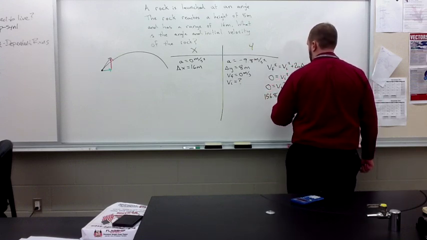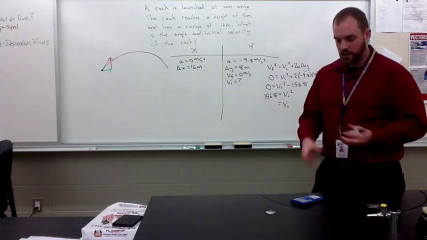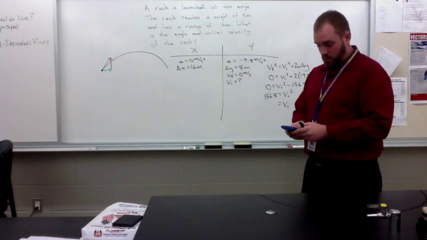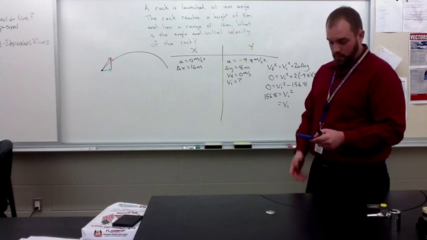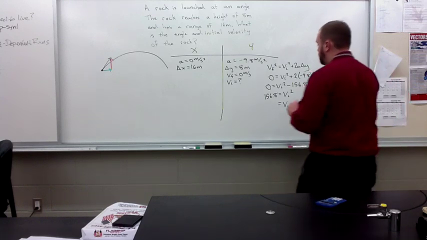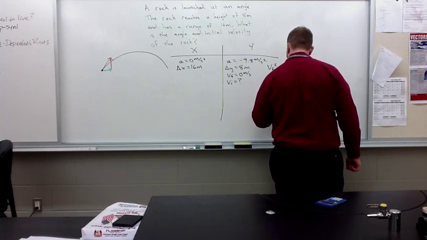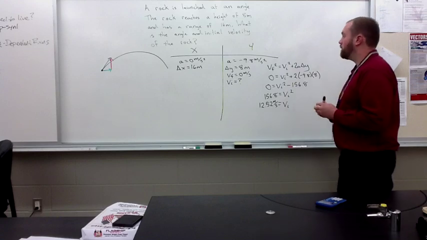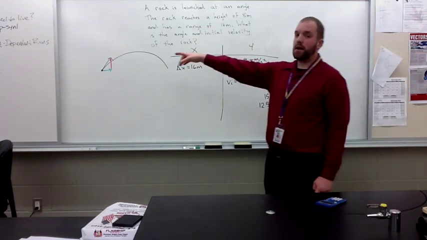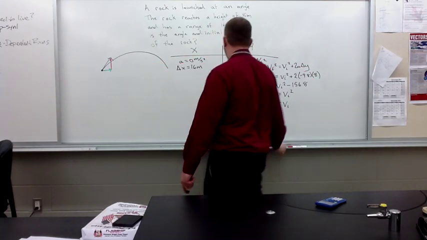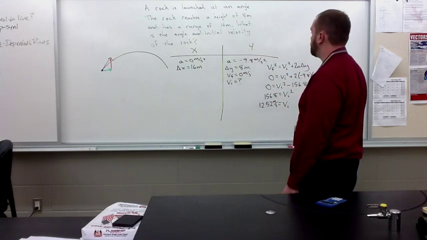Take the square root of each side, and you'll get the initial velocity in the y direction, which is 12.52 meters per second. So we just figured out what that red vector is. It's 12.52 meters per second.